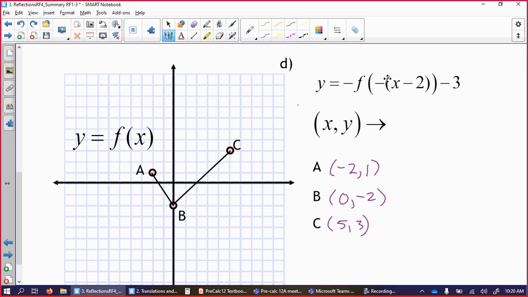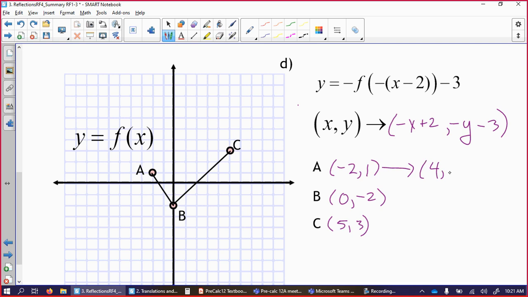That's our start. So our x bit, well, I've got a negative, so -x, subtract 2 becomes +2, comma, a -y, -3. So this one we're reflecting the point in the x-axis and the y-axis, so it's going to look a little funny. Negative of -2 is 2. 2 plus 2 is 4.